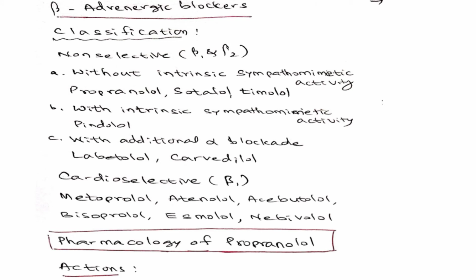Beta 1, beta 2 non-selective blockers are further classified as drugs which do not have intrinsic sympathomimetic activity like propranolol, sotalol and timolol; drugs which have sympathomimetic activity, that is, partial agonists, for example pindolol; and drugs which have additional alpha blocking activity like labetalol and carvedilol. Beta 1 cardioselective blockers include metoprolol, atenolol, nebivolol, acebutolol, esmolol and bisoprolol.